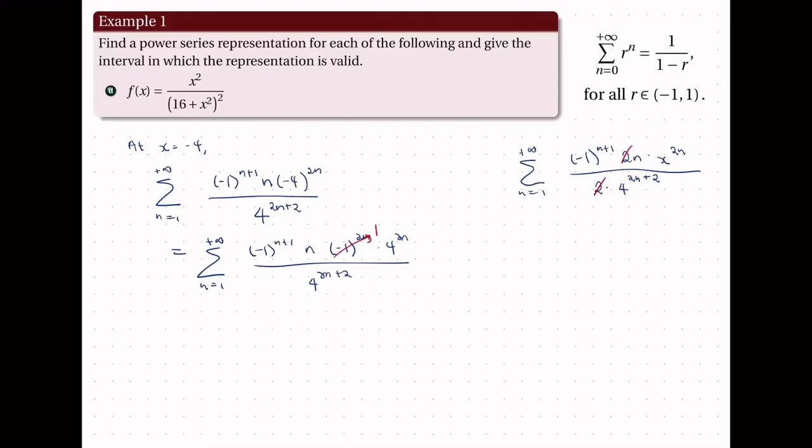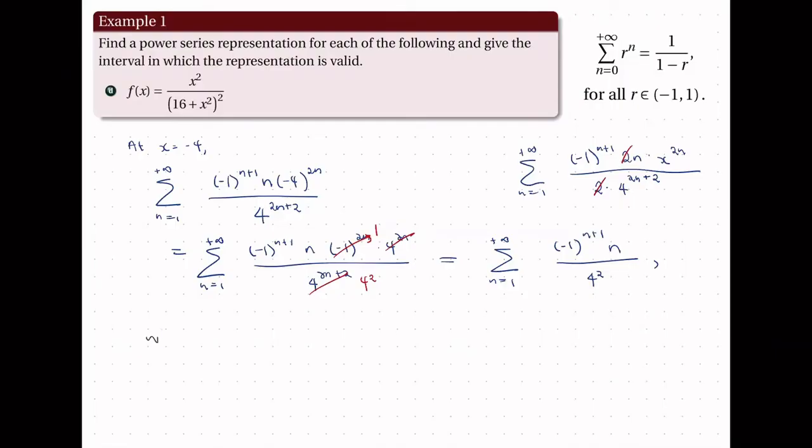Tama? And this will cancel. May matitirang 4 squared sa denominator. Okay? And then simplifying, we get summation from n equals 1 to positive infinity of negative 1 raised to n plus 1 times n over 4 squared. Okay?